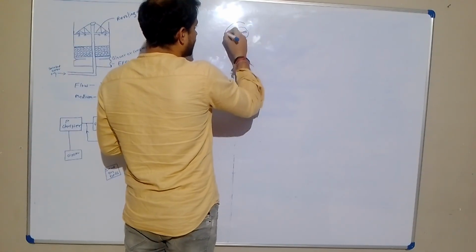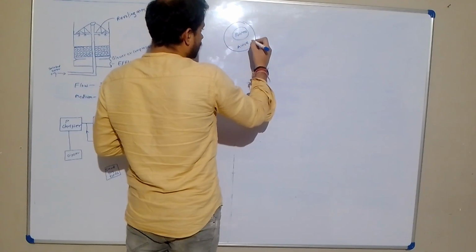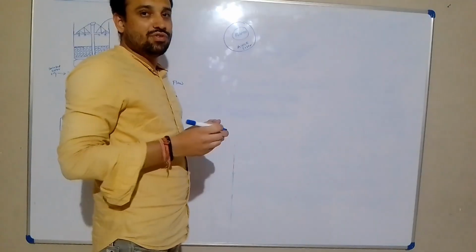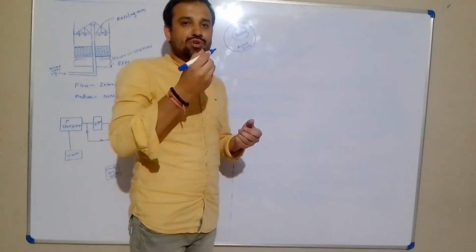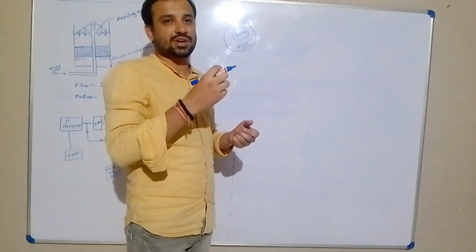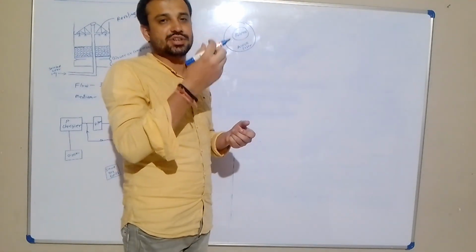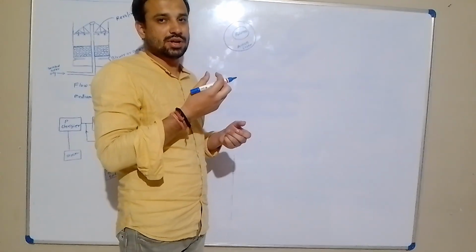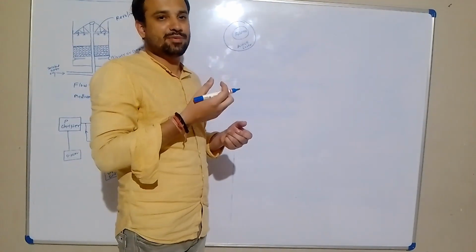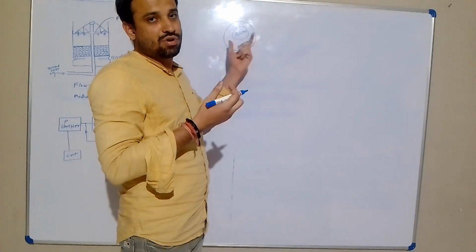The biomass layer has an active layer. The active layer is the layer where the microorganisms, or the population of microbes, are more in the biomass layer. It is the thickness of the biomass layer where the microorganisms and oxygen are in sufficient amount, where the degradation of organic matter is in larger amount.